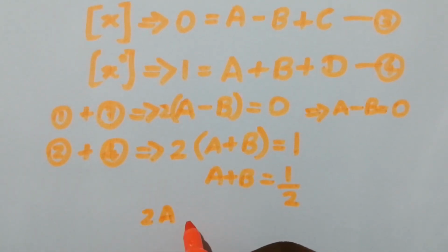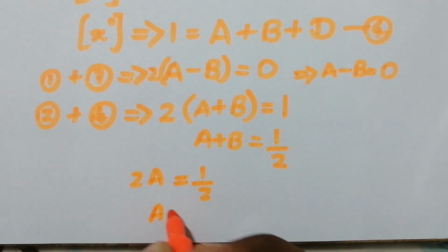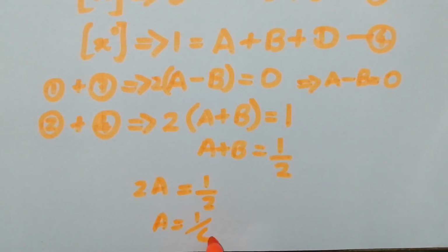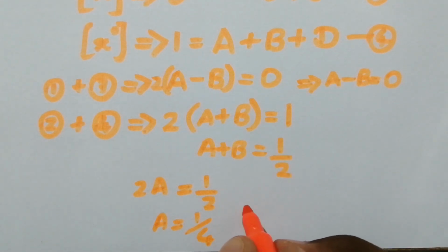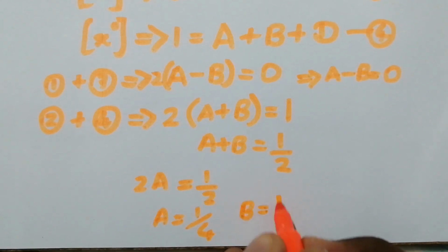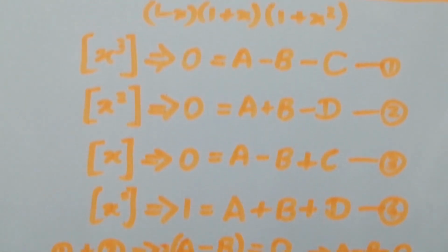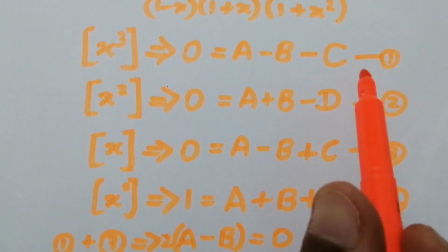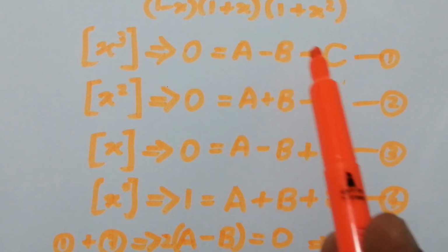2a equals half. Then a will be 1 upon 4. By substituting in this equation, I can obtain b also equals 1 upon 4. Then by substituting it in this equation, 1 upon 4 minus 1 upon 4, it will be 0.